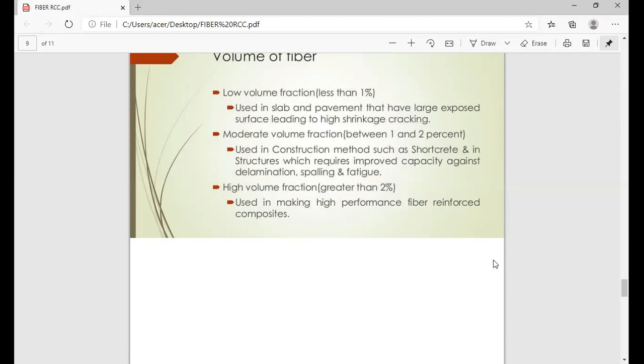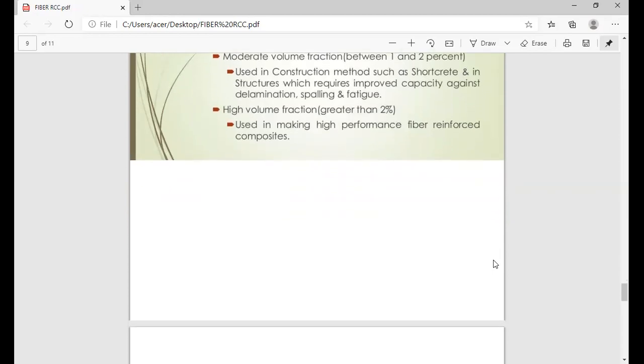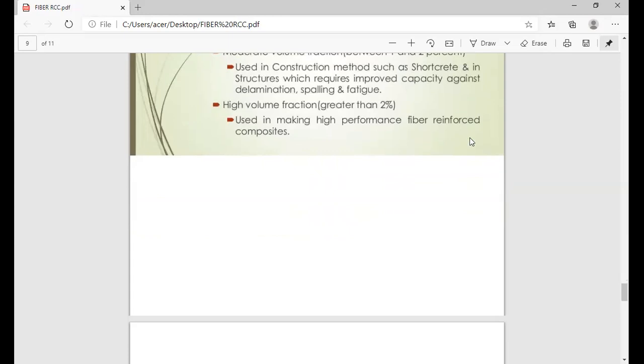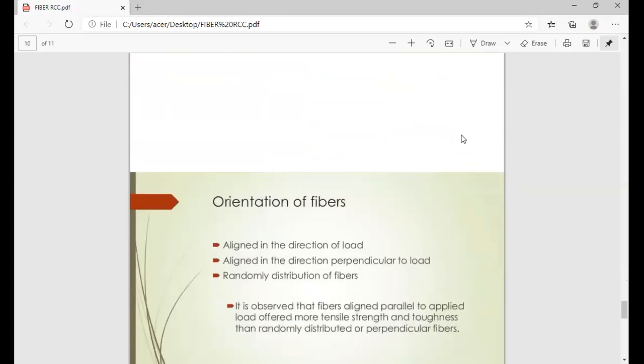Next, the high volume fraction is a value greater than 2%, used in making high performance fiber reinforced composites, basically in the case of precast concrete.